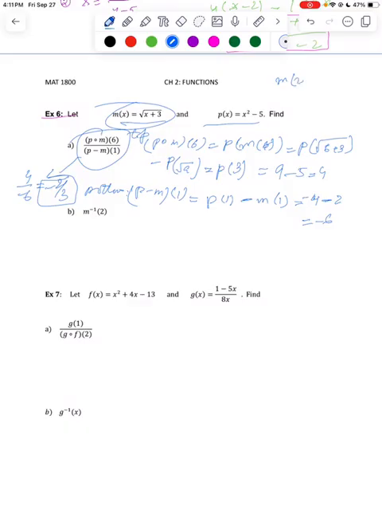So this 2 here is the x value, right? But M inverse of 2, the 2 in here is the y value, because M inverse, remember, gets applied to the y. So what M inverse of 2 means is y is equal to 2.